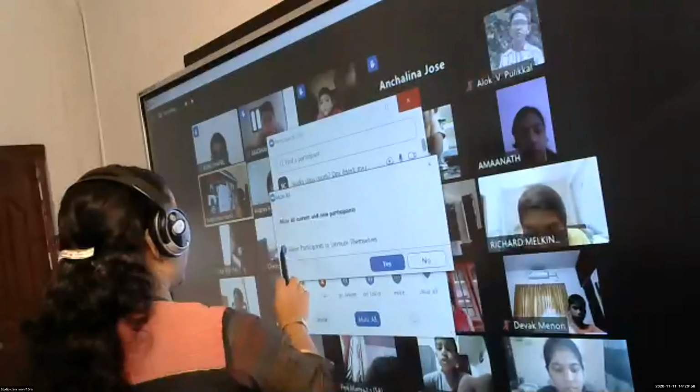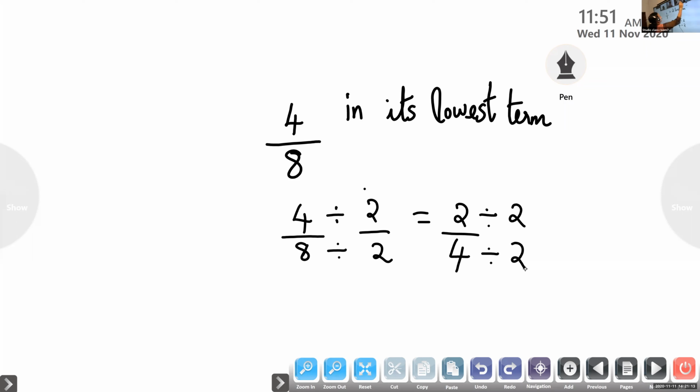Here also divide. Okay, Anthony, can you please tell me 2 divided by 2? Ma'am, 1 by 2. 2 divided by 2 is 1 and 4 divided by 2 is 2.